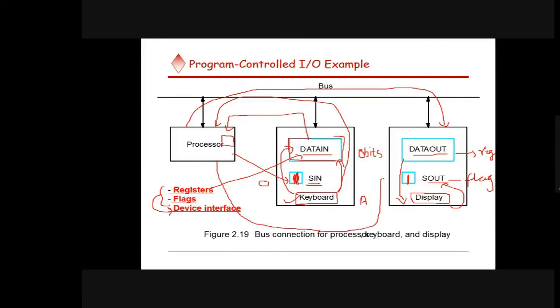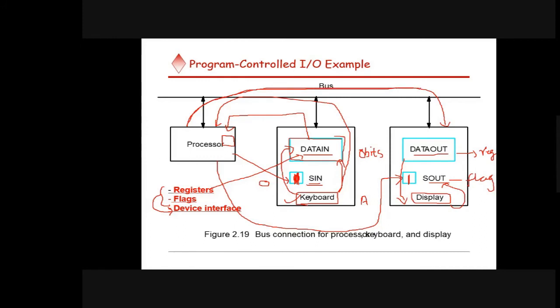The processor will just check the status of SOUT. If the processor finds that SOUT is 1, that means the display device is ready for displaying, so whatever data the processor wants to display will be taken and stored into the data out register.